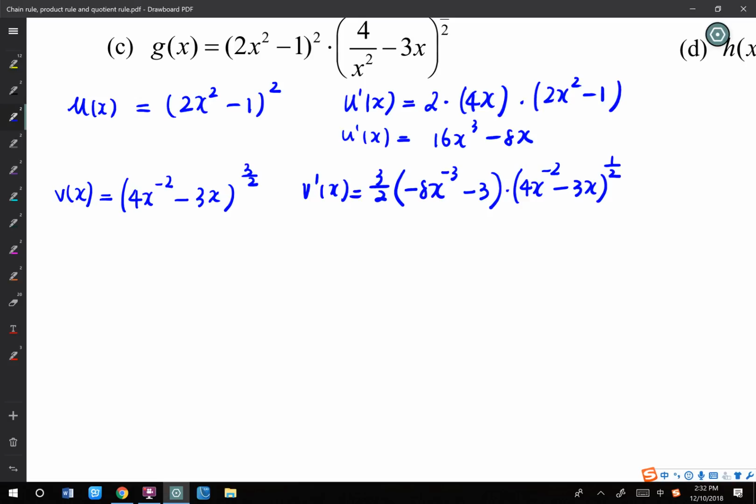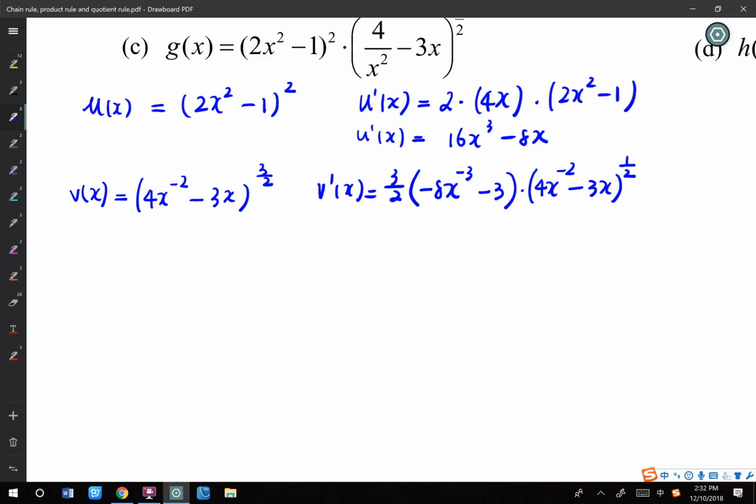Okay, so power, derivative of the inside, and subtract the power by 1. Well, I can rearrange it, but I don't think it's really necessary. So just leave the answer like that first.